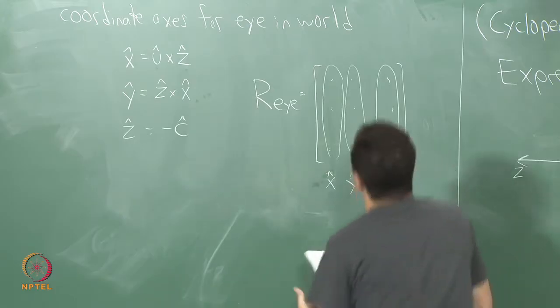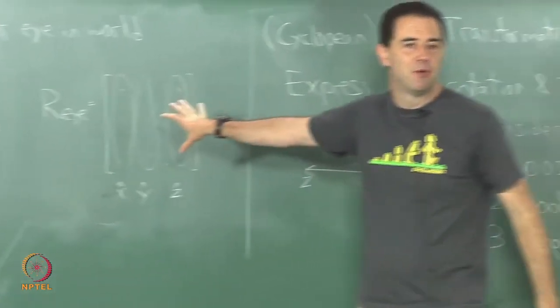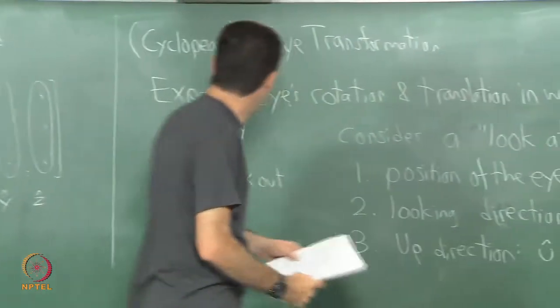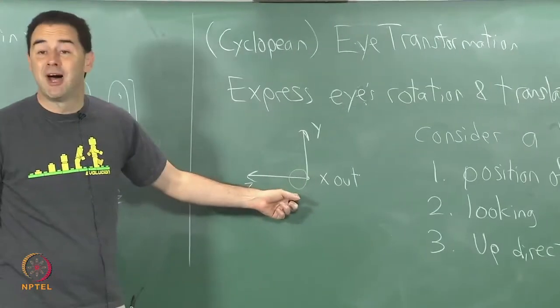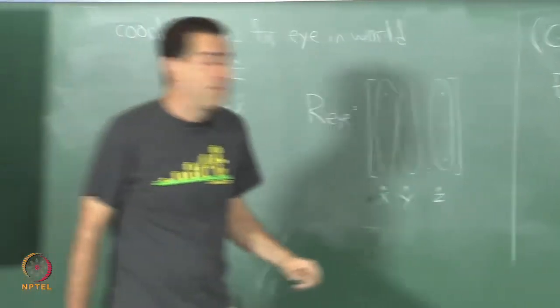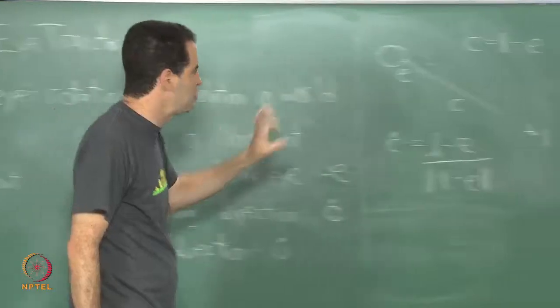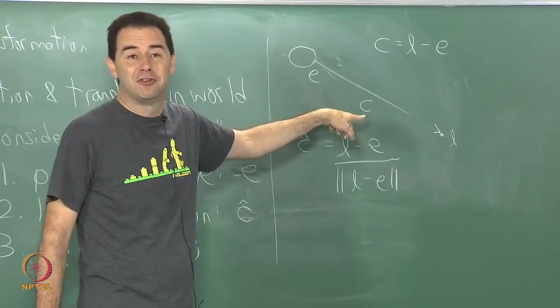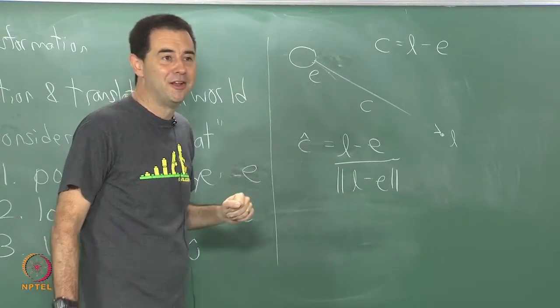So this gives me a rotation matrix. Do we agree with that now? If I start off with my eye defined in its body frame and apply this rotation matrix to it, it doesn't translate the eye, but it should rotate the eye so that it's looking in the right direction. Do you believe that? Is that okay? So that's what we have.